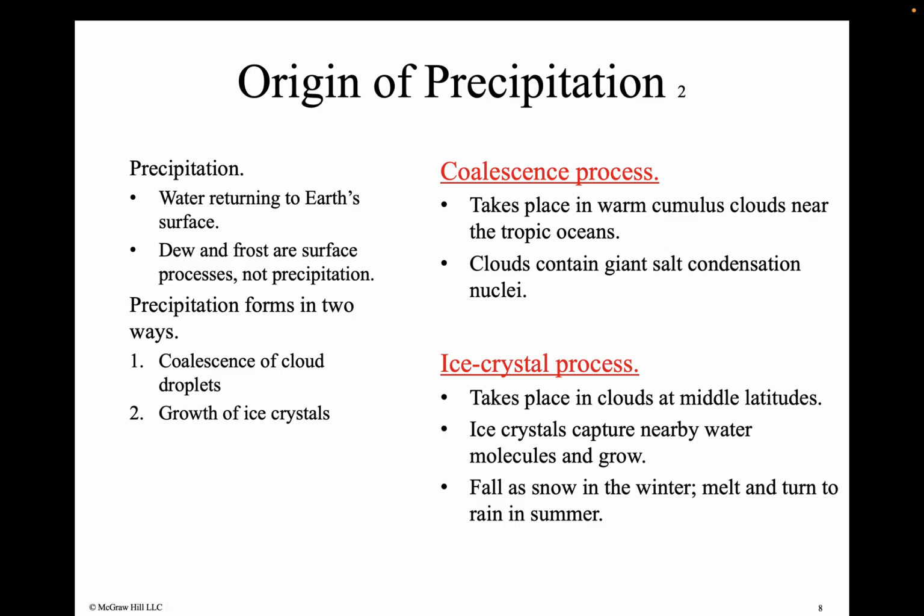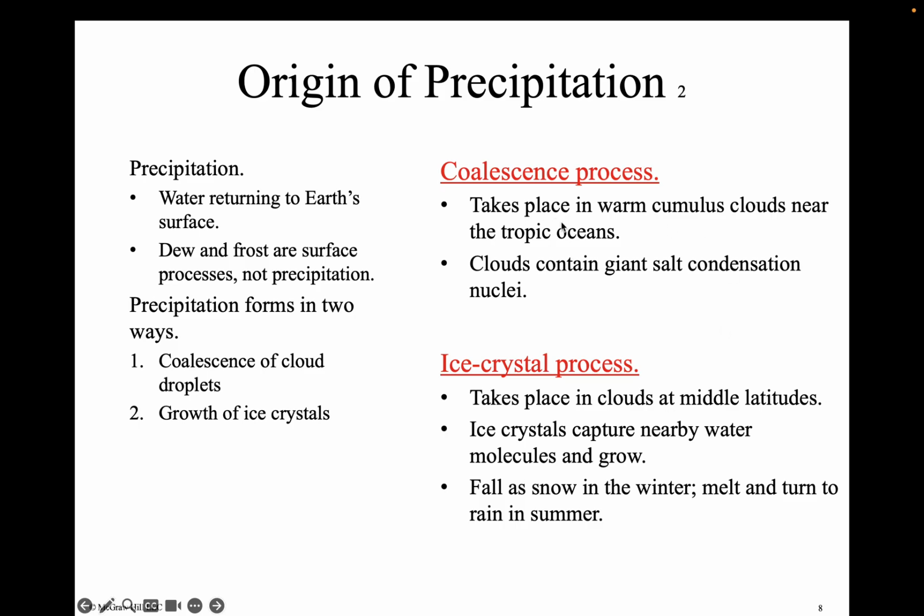The second process is the ice crystal process. The ice crystal process, as the name suggests, is when there is the growth of ice crystals, and it usually takes place in clouds located at middle latitudes.